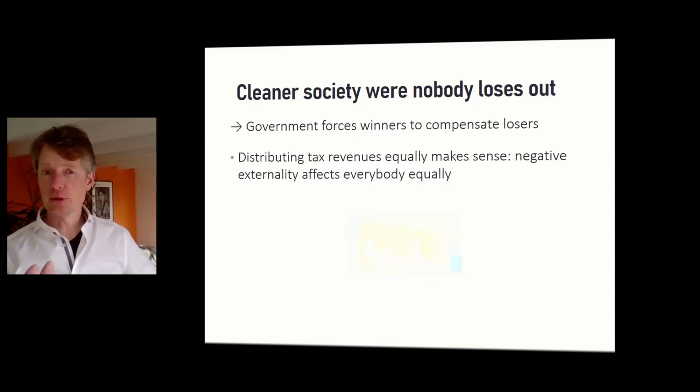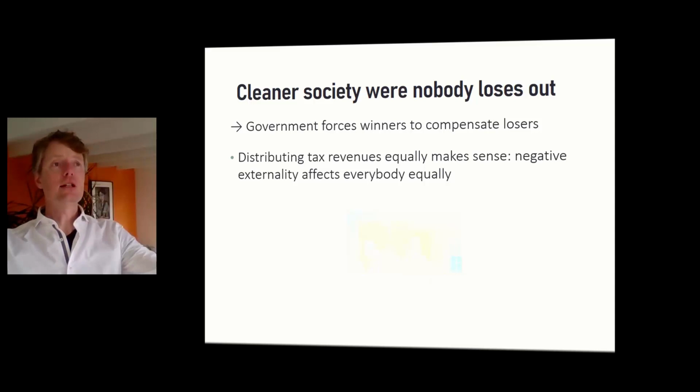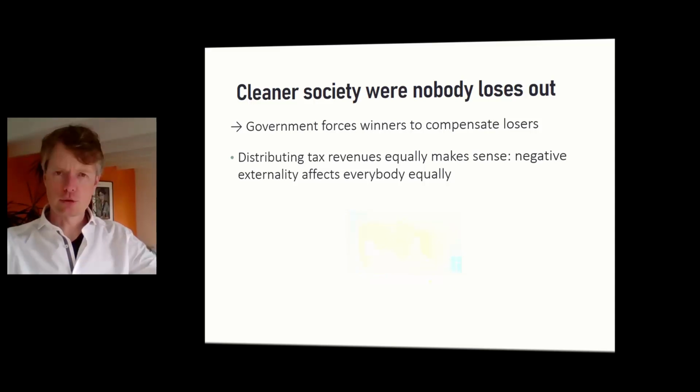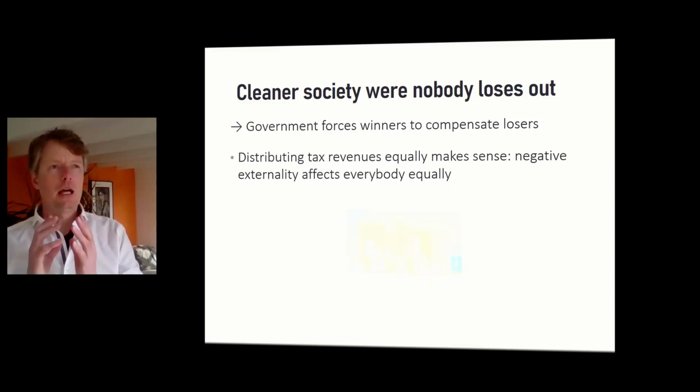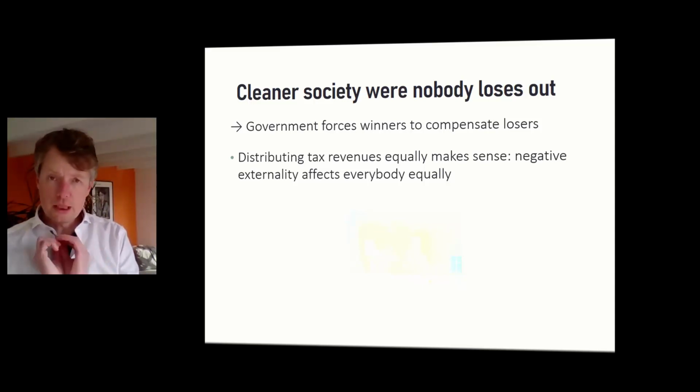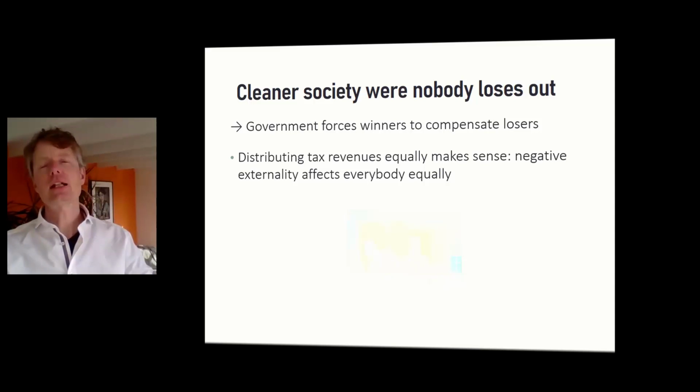And why does nobody lose out? Well, because we get $20 in terms of government revenues, tax revenues, but then we actually equally distribute those revenues among all the participants. And since we get $20 for every deal, what we distribute is exactly equal to what you suffer.